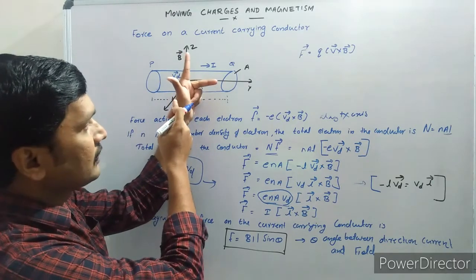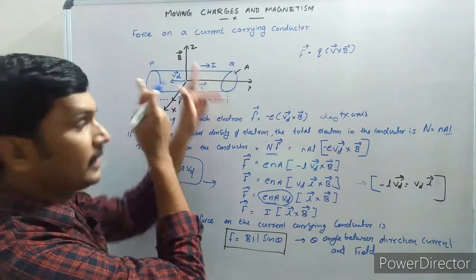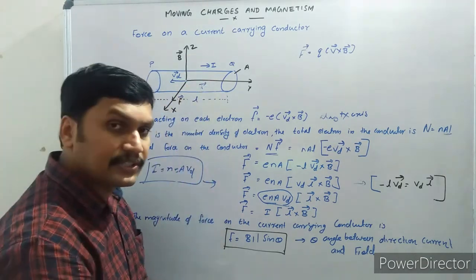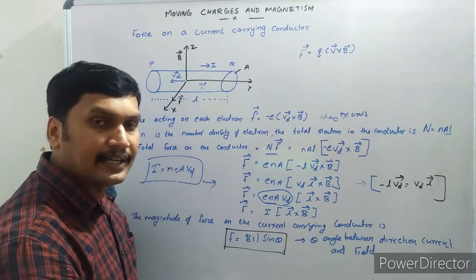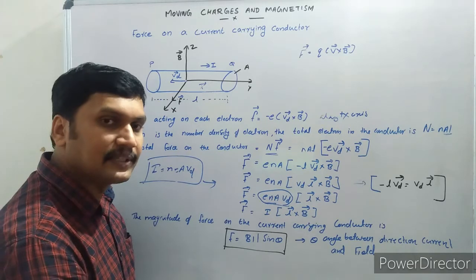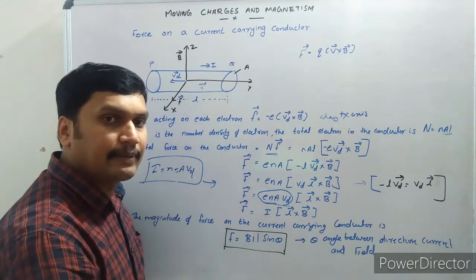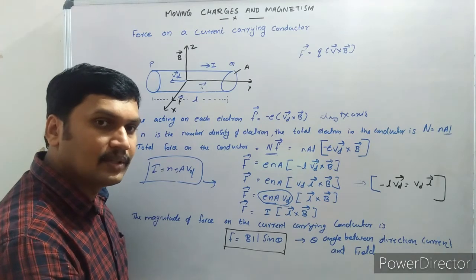So in this situation, the force is acting in the direction of thumb, that is along positive x-axis. Generally we can say all current carrying conductors experience a force in a uniform magnetic field, and the direction of force can be predicted by using Fleming's left hand rule.